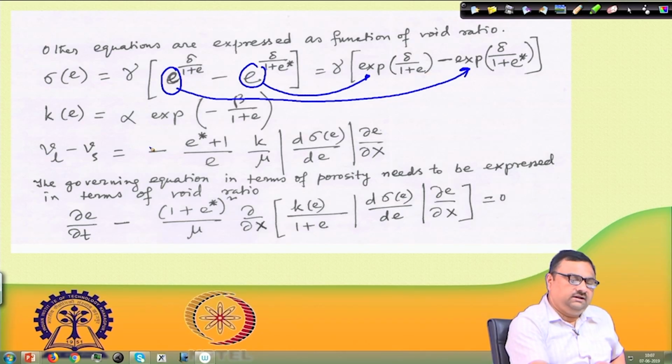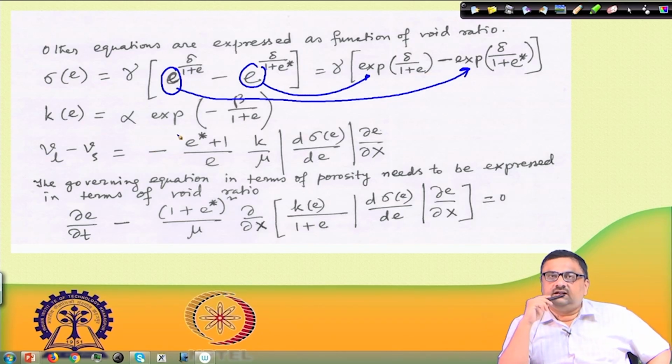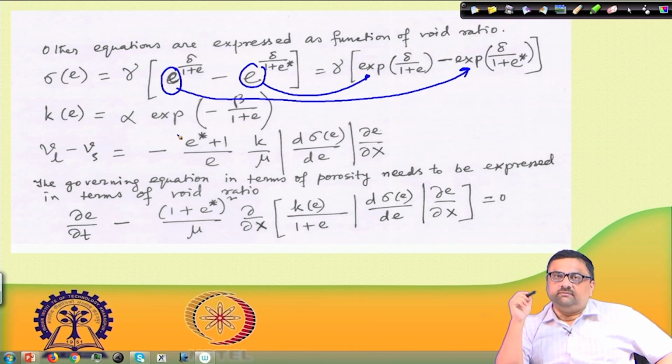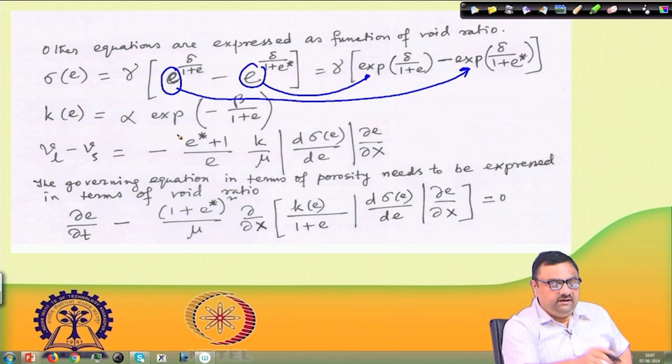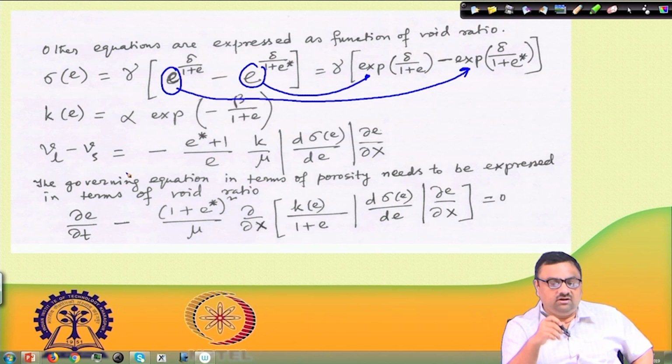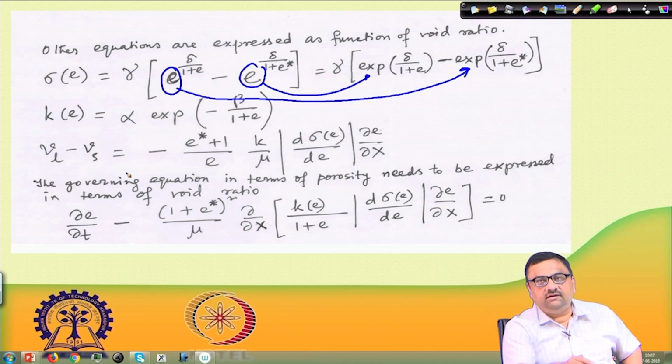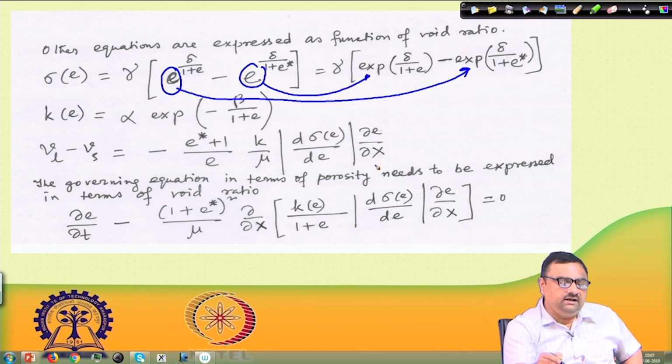Similarly, the permeability term would have, instead of beta in alpha e to the power minus beta u, it would be beta by (1 plus e). And similarly, V L minus V S, which is the relative velocity from Darcy's law. So, there we have this 1 by (1 minus u), right, because we have the conversion from superficial to interstitial. So, instead of that, we have (e star plus 1) by e times k by mu, and del sigma del small x was there.